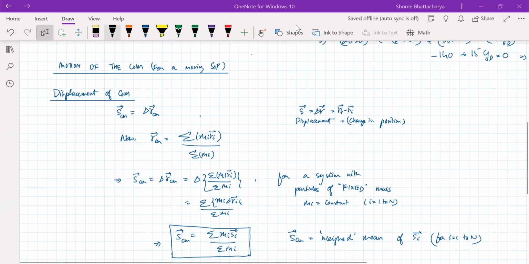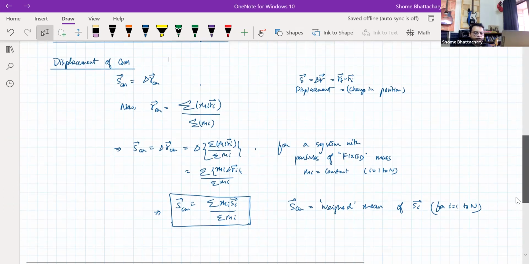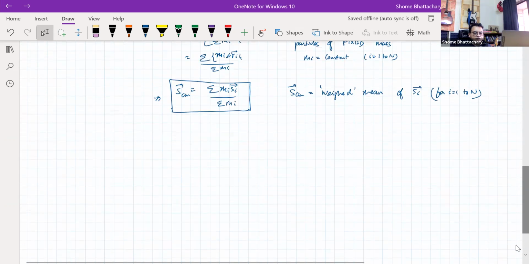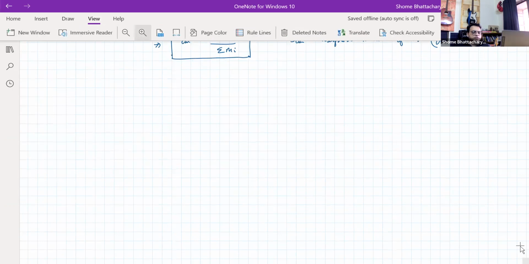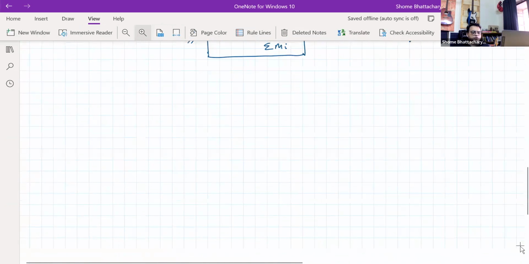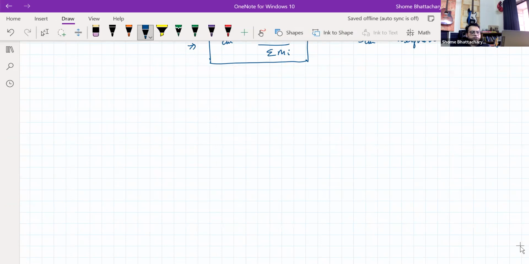Okay, so now once we have understood how to calculate, or first of all how to define displacement, the next thing in kinematics, always from the definition of displacement, we understand the concept of velocity as the rate of change of displacement or instantaneous rate of change of position. So let's apply that now over here.